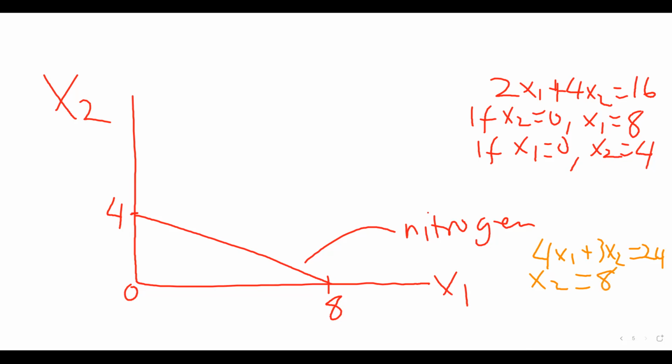If x2 is 0, what is x1? 6. So you have x1 being 6, which is somewhere there, and you have x2 being 8, which is surely going to be above the 4. Then you join the 2, and then you have something like this. And this is the phosphate constraint.